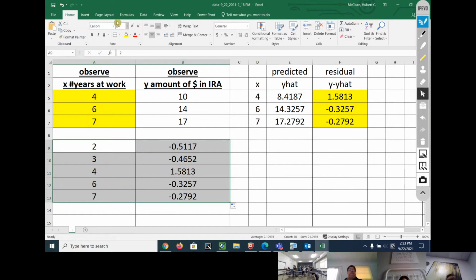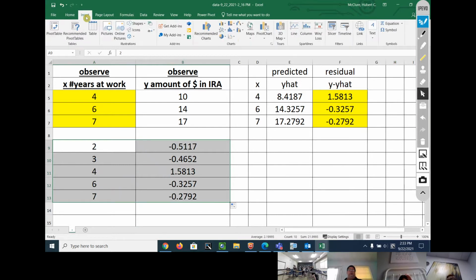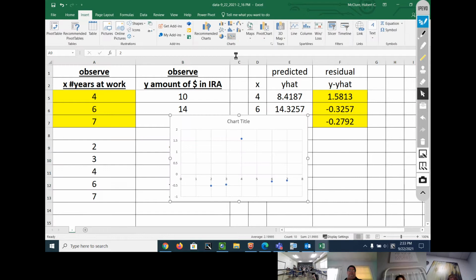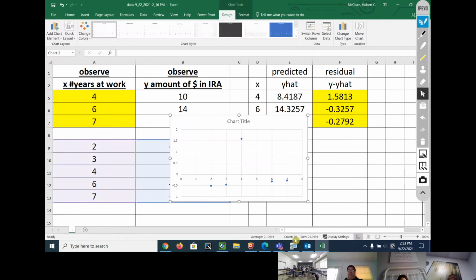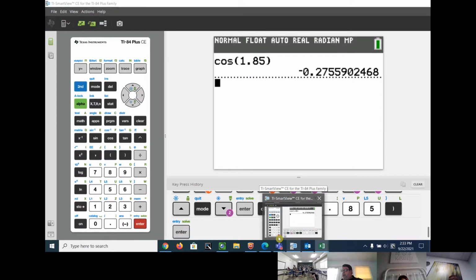I'm going to go to Insert and Plot. And that's what they look like. So I'm going to draw a little graph of that.